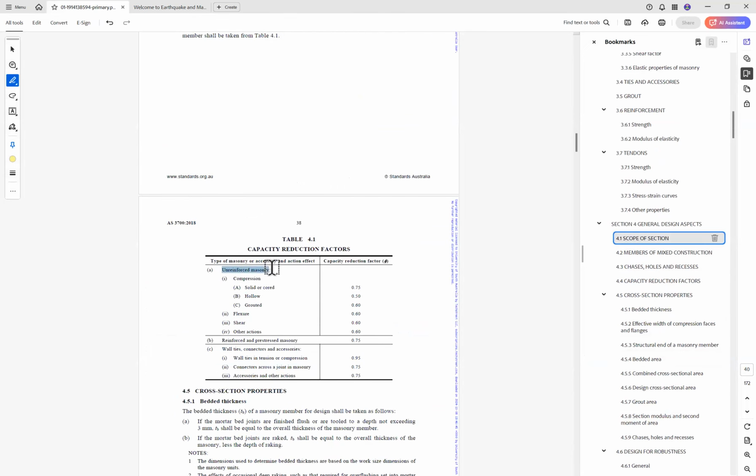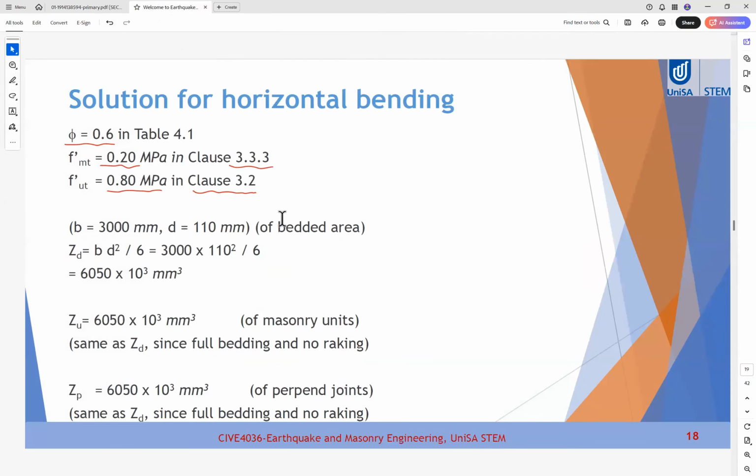For unreinforced masonry, are we under flexure or shear? We are under flexure, so how much is phi? 0.6. So phi is 0.6, FMT dash 0.2, FUT dash 0.8.